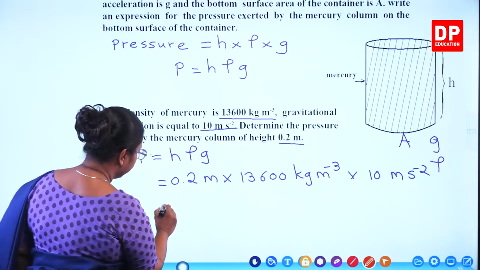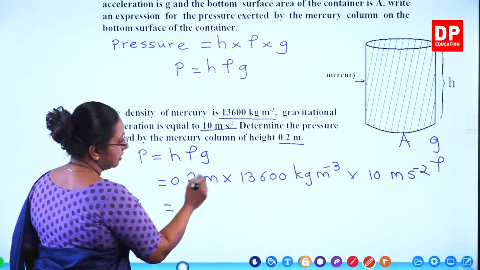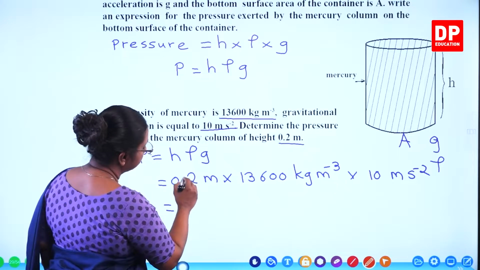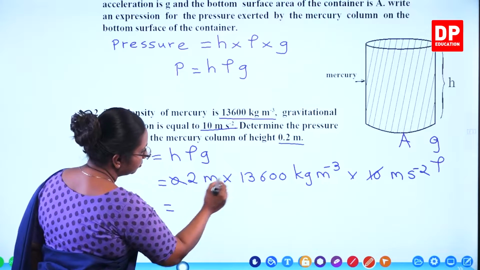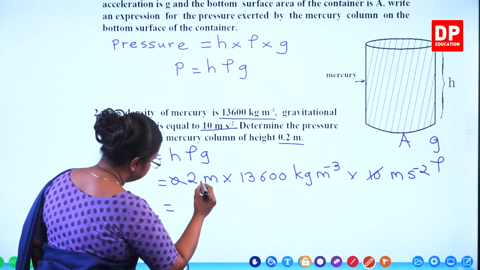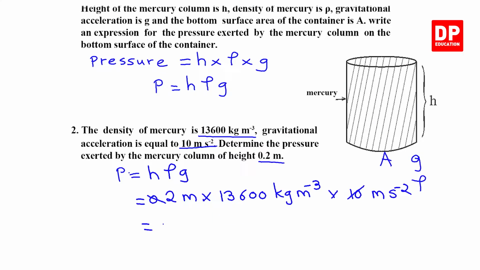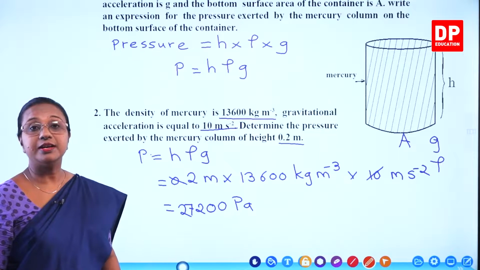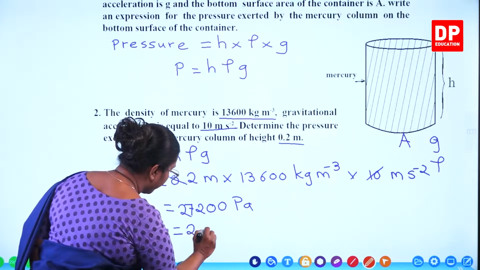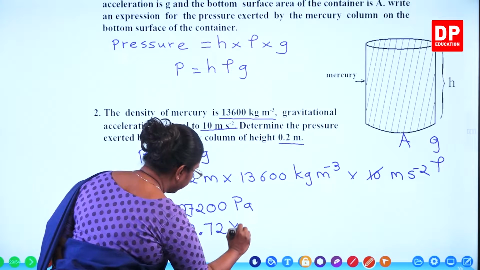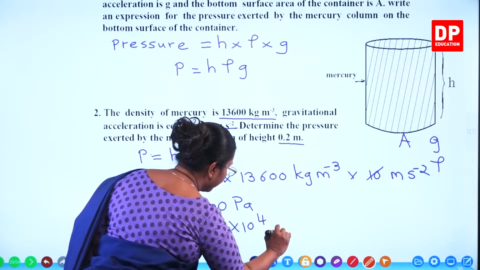So here you can simplify these two. So 2 into 13,600 gives 27,200 Pascal. Or if you want, you can write it as 2.72 into 10 to the power of 4 Pascal.